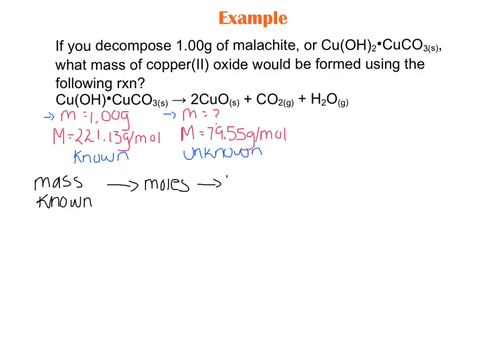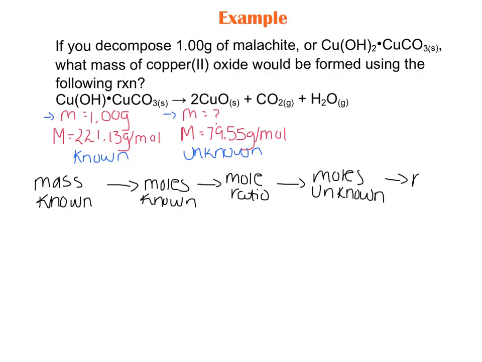Then we need to use our mole ratio to convert from our moles of known to the moles of unknown. And then we're going to find our mass. All right, so this is one conversion factor. The other conversion factor we're going to be using in both cases is our molar mass.